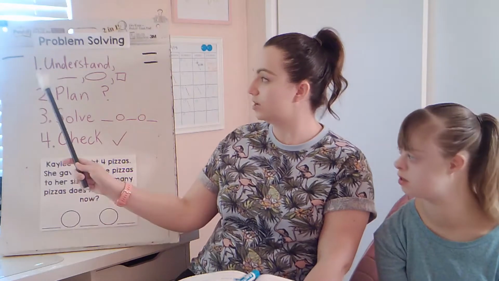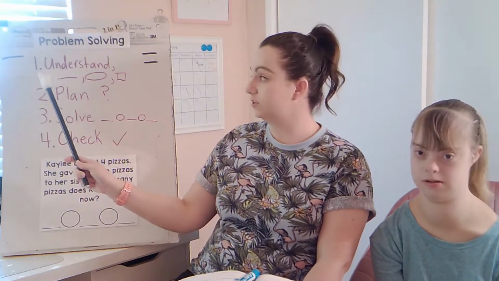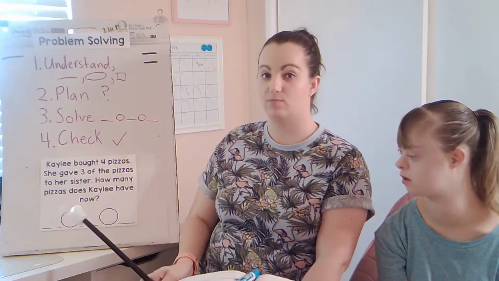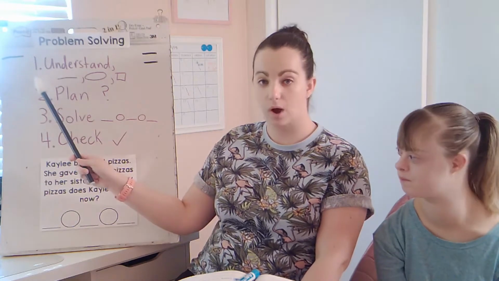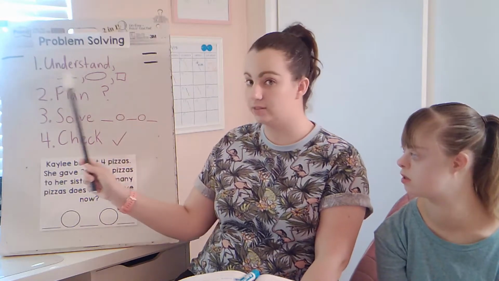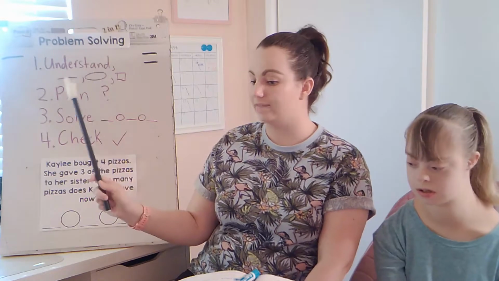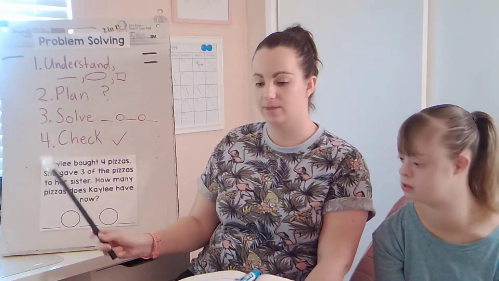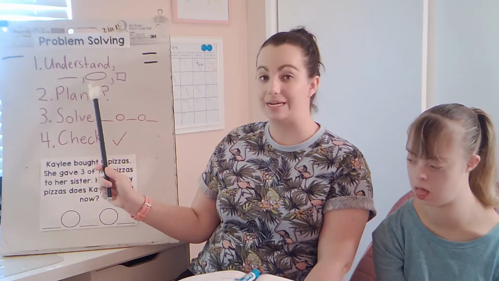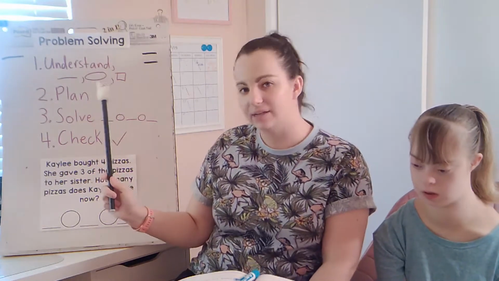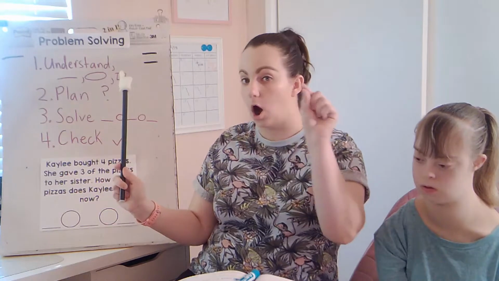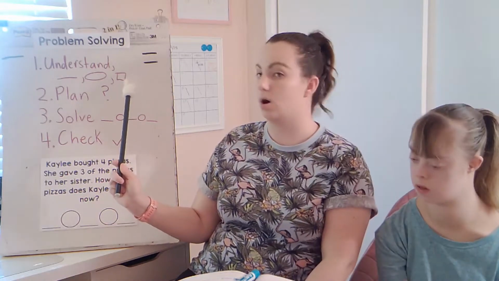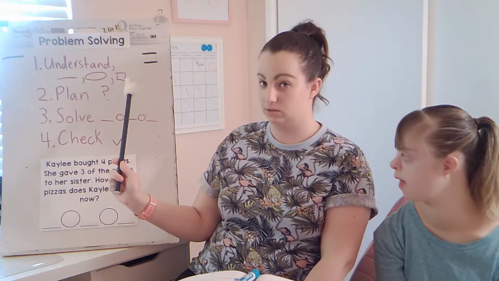So let's look up here. Our first step after reading a story problem will be to, one, understand the story problem. We'll have to underline what we know from the problem, circle what we need to find, and then I add a step where I'm going to ask you to put a box around the numbers in the problem, because I really want you to be able to see those.